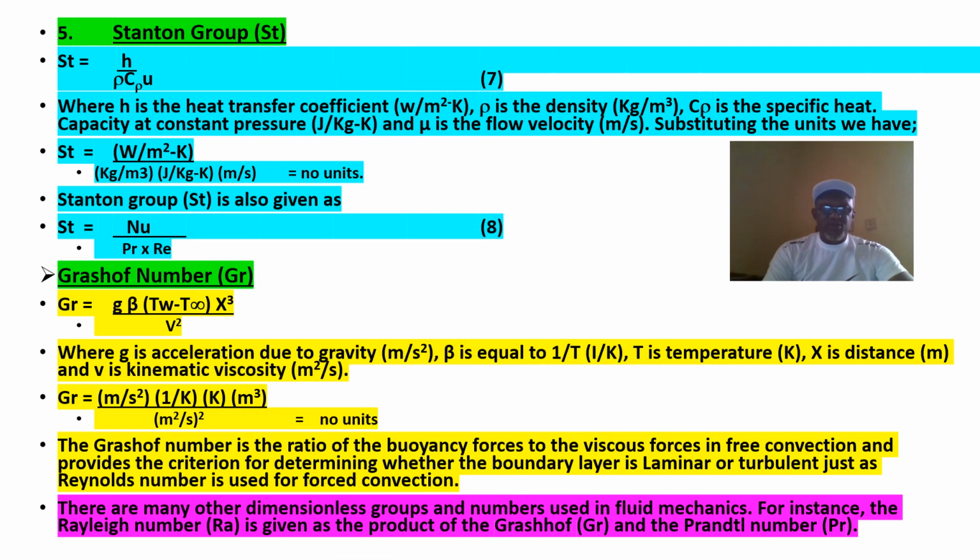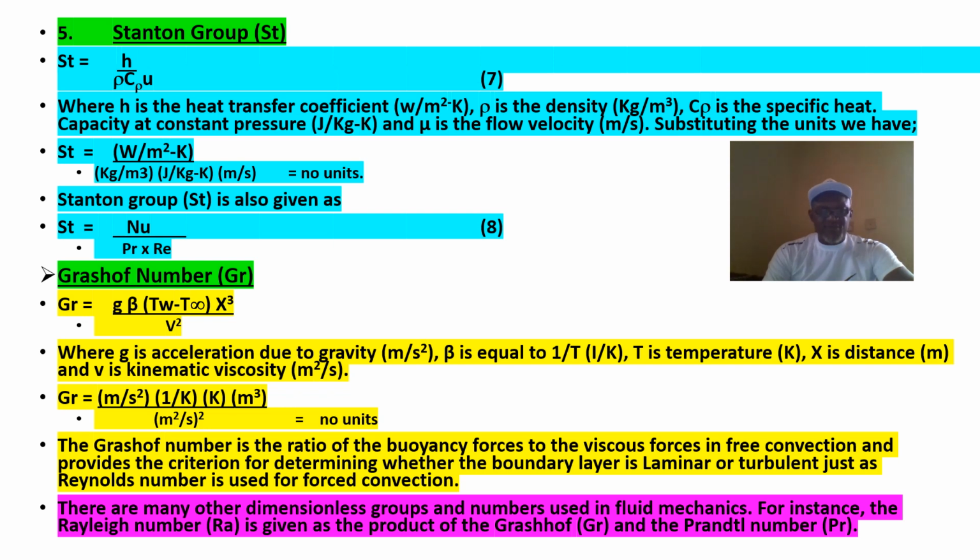The Stanton dimensionless number is given by equation 7, the same thing, no units. And the Stanton group is also given by equation 8, that is the Nusselt number divided by the product of the Prandtl number and Reynolds number.